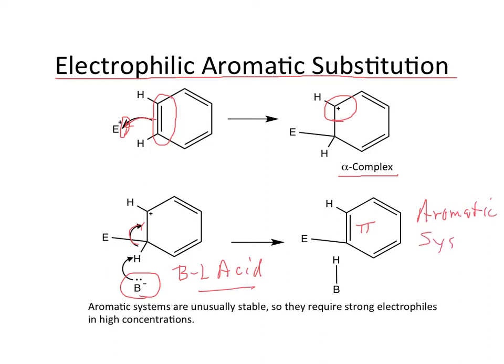That aromatic system is unusually stable, and so we tend to get that recreation in these products. Now, because these aromatic systems are unusually stable, it takes a strong electrophile, right? The electrophile must be strong in order to get an effective reaction, and then we tend to recreate that system in the end.